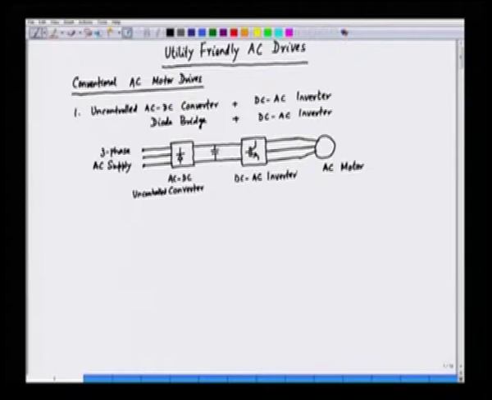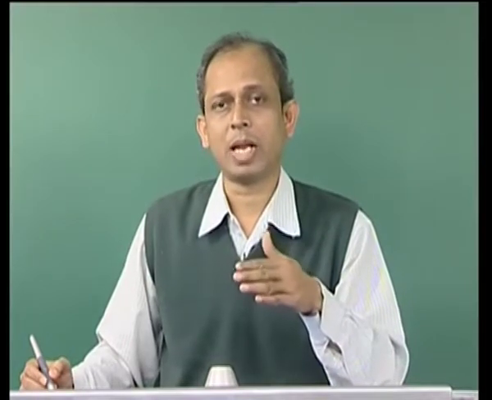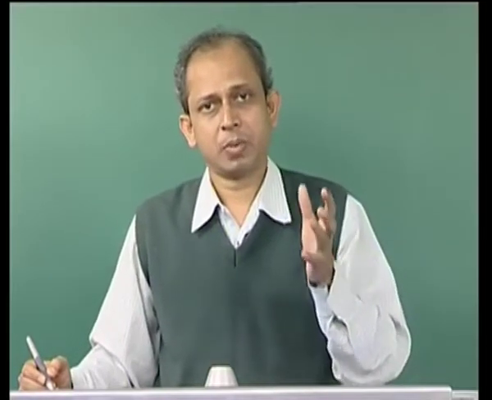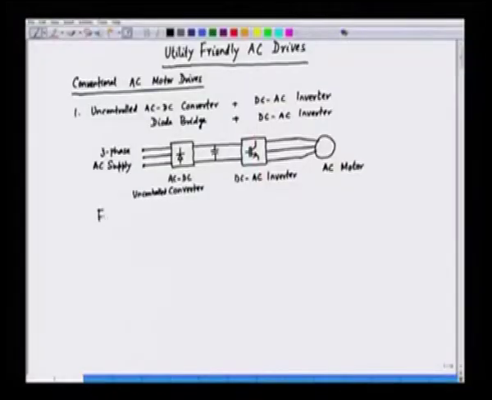So, this is one of the configurations. We are converting AC to DC, then DC to variable voltage and variable frequency AC. Now, in this case, we have a diode bridge in the front end. This is called a front end converter.